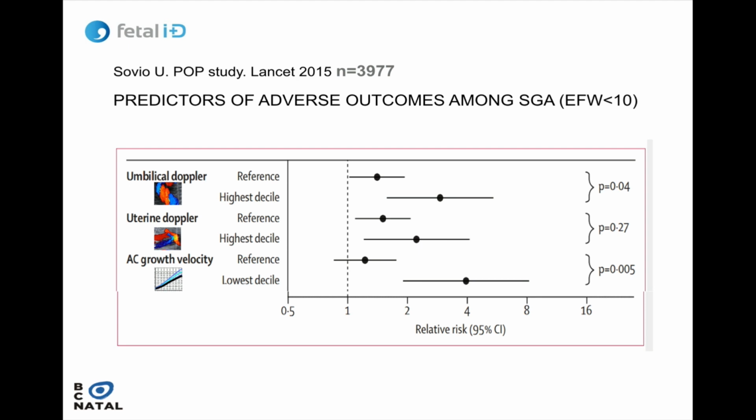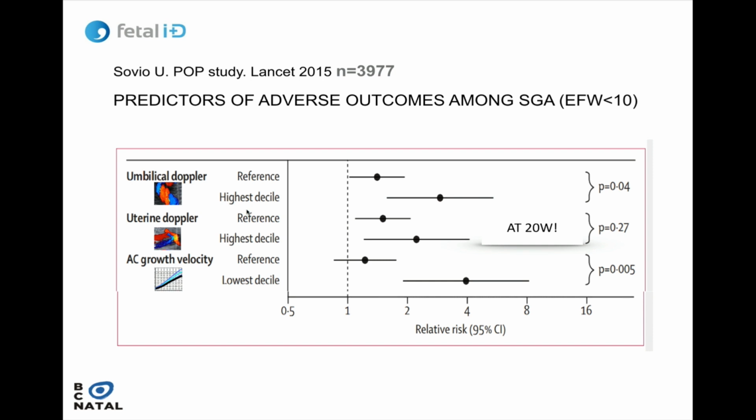But in addition to that, they assessed other things. And they looked at what is the weight where we could predict a poorer outcome in a small fetus. And they found that there was significance for some parameters, but they didn't find uterine artery Doppler.